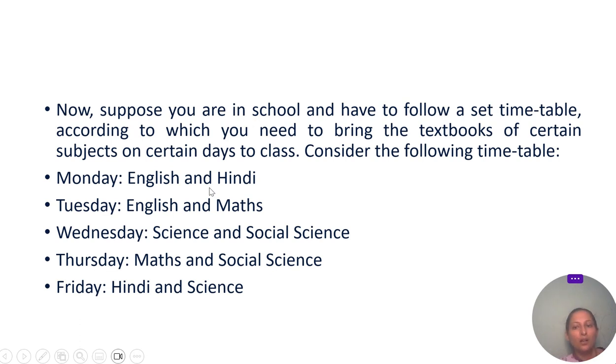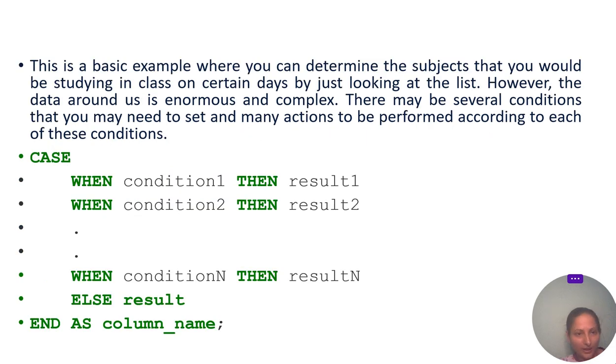So this is the way of writing by using the CASE statement. Then what is the syntax and how to write the different conditions? The timetable I have shown you for different days of a school is a basic example where you can determine the subjects you would be studying in class on certain days by just looking at the list.